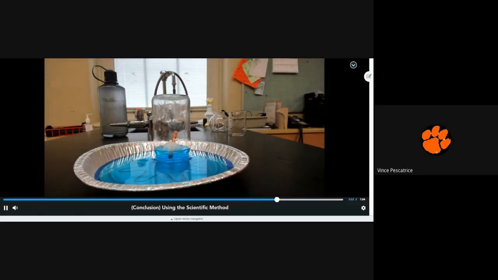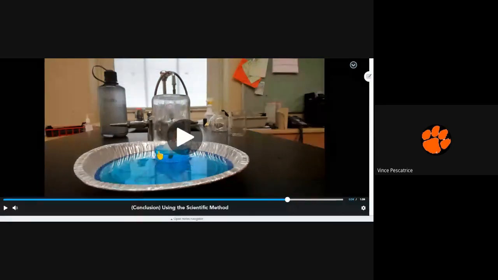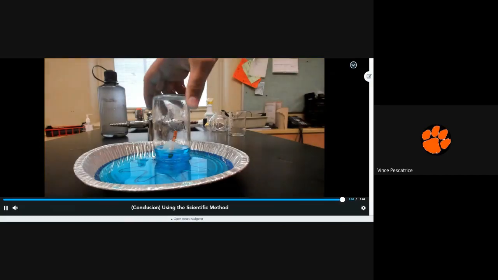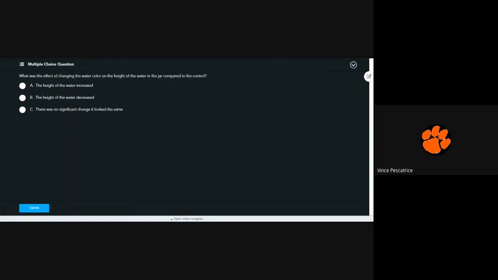All right, so we notice that the water rises up a certain length. This is going to be the control right here. Think about the video that we watched on Monday. Compare this height of the water. So the effect of changing the water color on the height of the water, how did it compare?